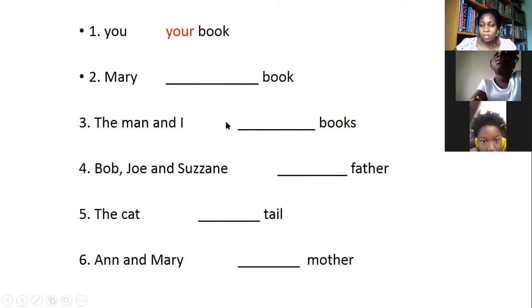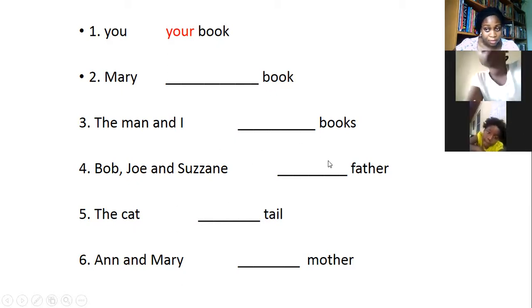Like I said, once you are able to tell who owns something, you are using a possessive adjective. Always identify the noun that owns the item. The noun can be a person, an animal, or a place.